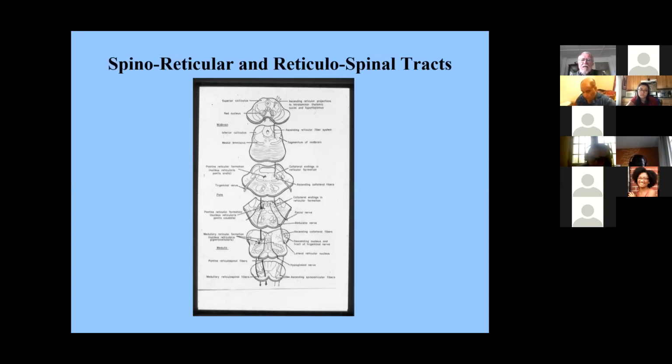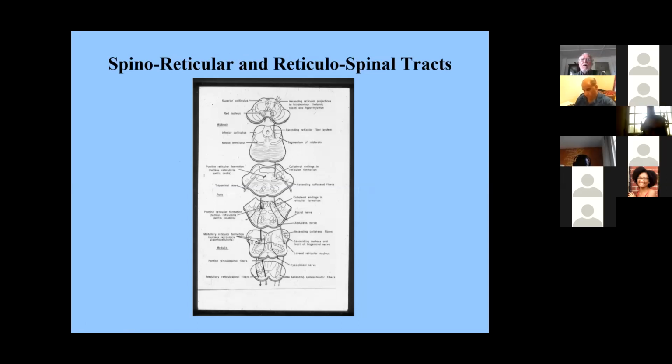Again, I'm not going to cover these here, and you're not going to be responsible for them on the exam, but I want you to know that they're there. We have spino-reticular and reticulospinal tracts. And here is a perfect example of the importance of our friend the hyphen.